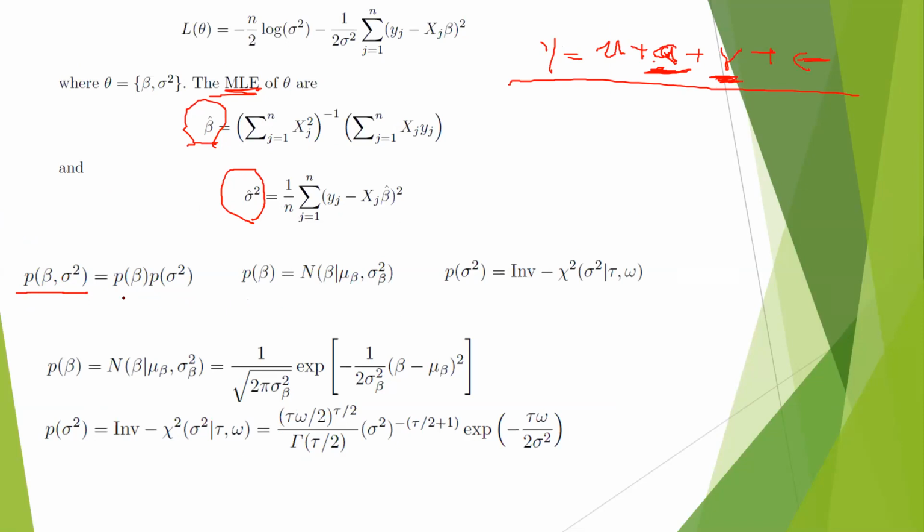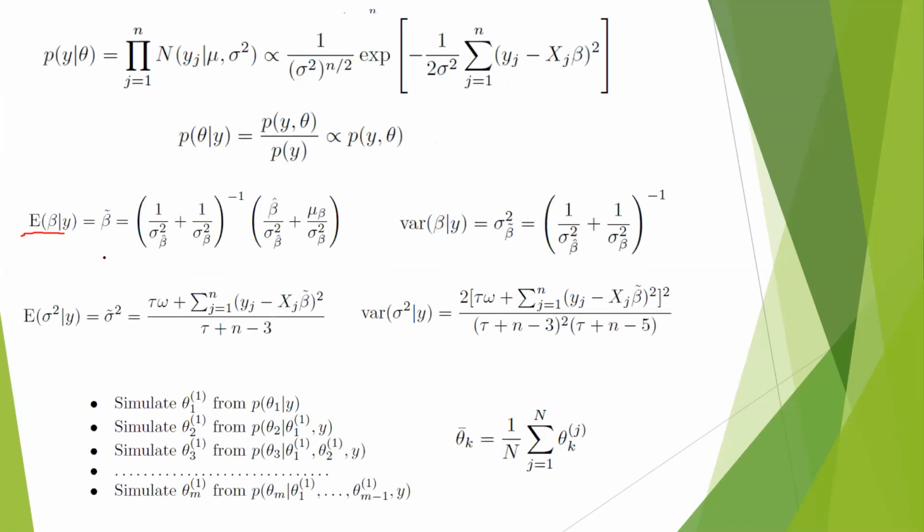We need to know the prior probability first, and based on that, we can assume this parameter of interest is coming from a specific probability distribution. And once we can estimate the posterior probability for any parameter of interest, we can do the simulation from sampling.